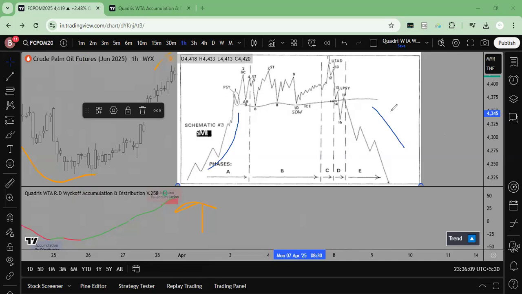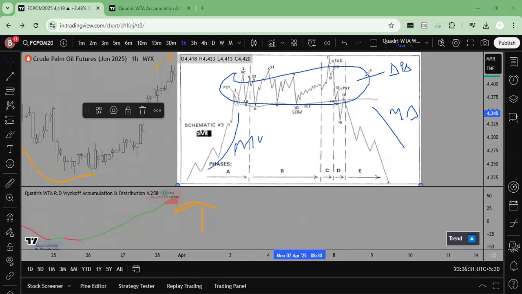This is markdown. This is markup. So after this markup, how this entire thing would form itself, and it would result in a distribution kind of analysis.